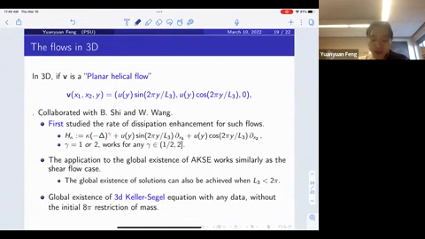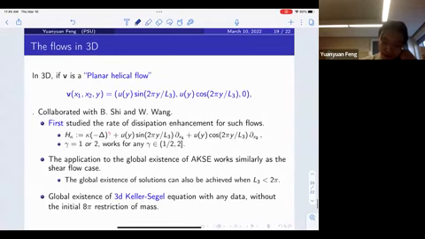So in this case, we want to construct some other flows for which the kernel space is smaller, and by projecting out the kernel space, we still have the dissipation enhancing result. So in 3D we construct the so-called planar helical flow.